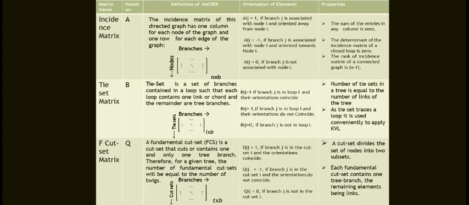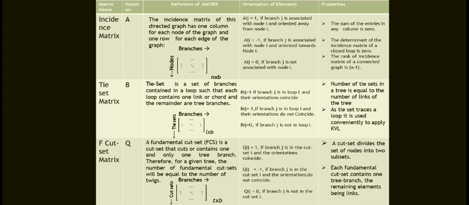And when the orientation of the elements is taken into account, the orientation away from the node indicates +1, the orientation towards the node indicates -1, and Aij is 0 when the branch j is not associated with the node i. This is about the incident matrix.